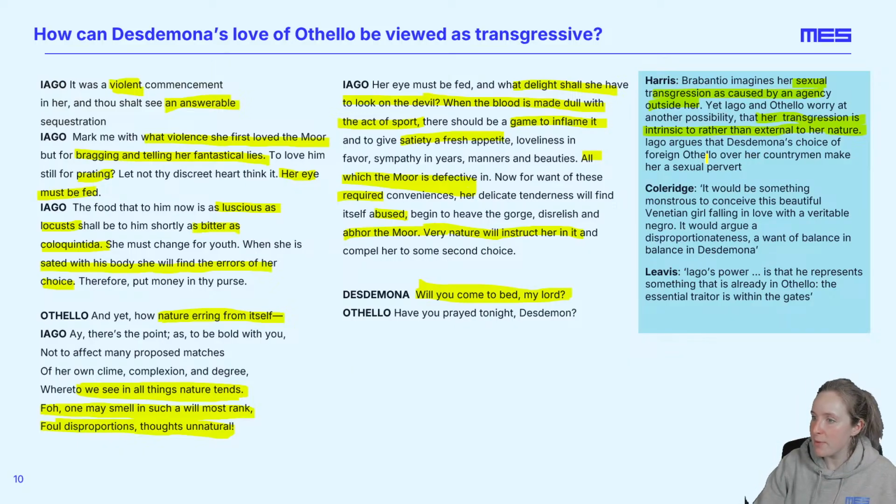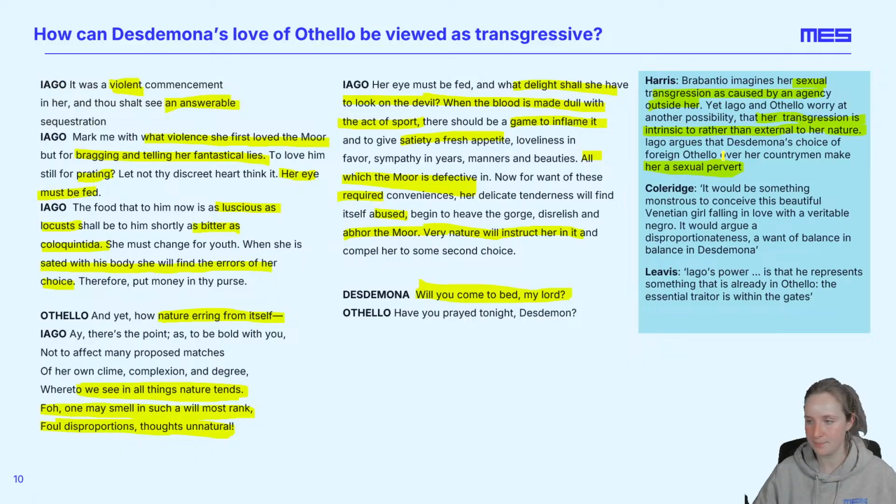Iago argues that Desdemona's choice of foreign Othello over her countrymen makes her a sexual pervert. Now, not pervert the way we know of it, as someone who has inappropriate relationships with minors, but in the idea that there was a wrongness to what she wanted sexually, that she was unnatural in her sexual desires.